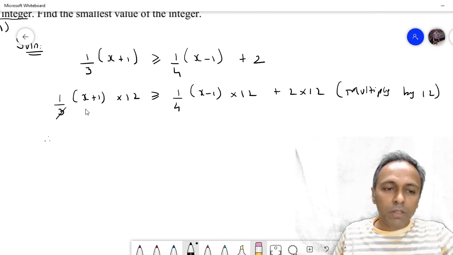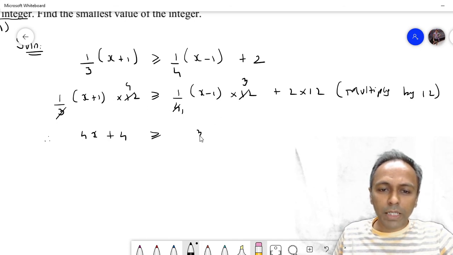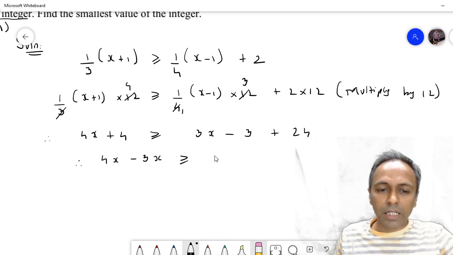Therefore this is now 4s and 3s, 4 3s. So this is becoming 4x plus 4 is greater than or equal to, we are opening brackets, 3x minus 3 plus 2 12s are 24. Therefore 4x minus 3x is greater than or equal to minus 3 plus 24 minus 4.